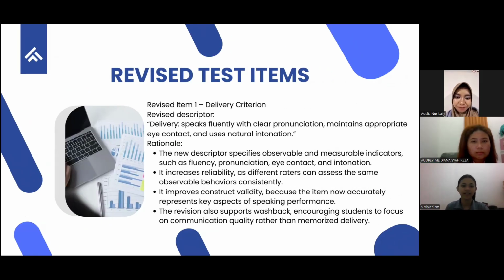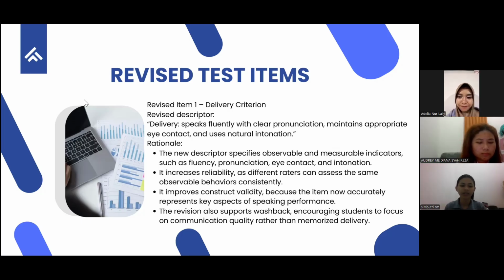Okay, so next is the revised test item. Revised item 1 is the delivery criterion. The revised descriptor is: delivery, speaks fluently with clear pronunciation, maintains appropriate eye contact, and uses natural intonation. For the rationale, first, the new descriptor has specific, observable, and measurable indicators such as fluency, pronunciation, eye contact, and intonation.